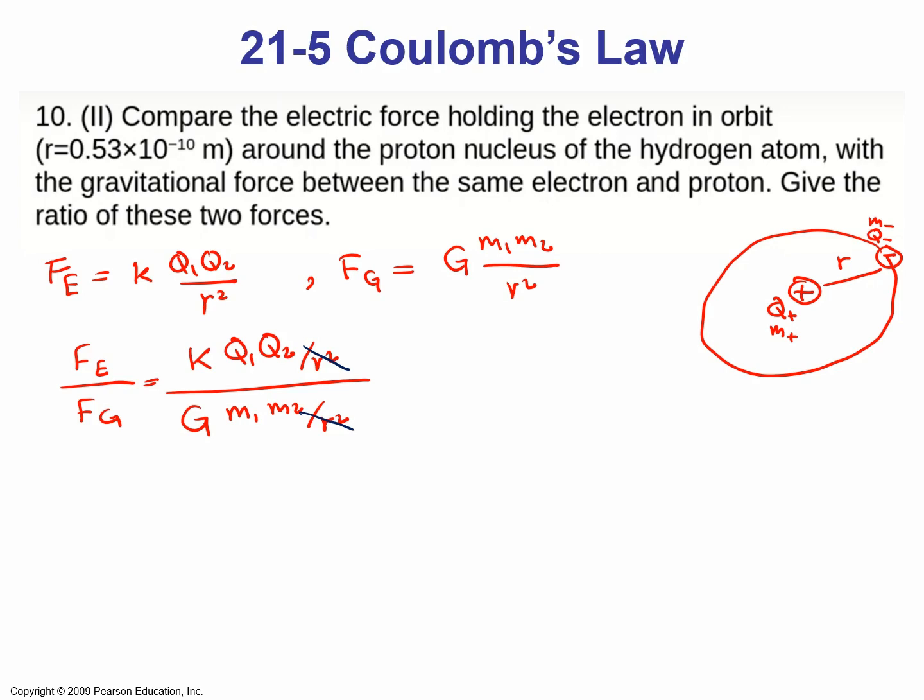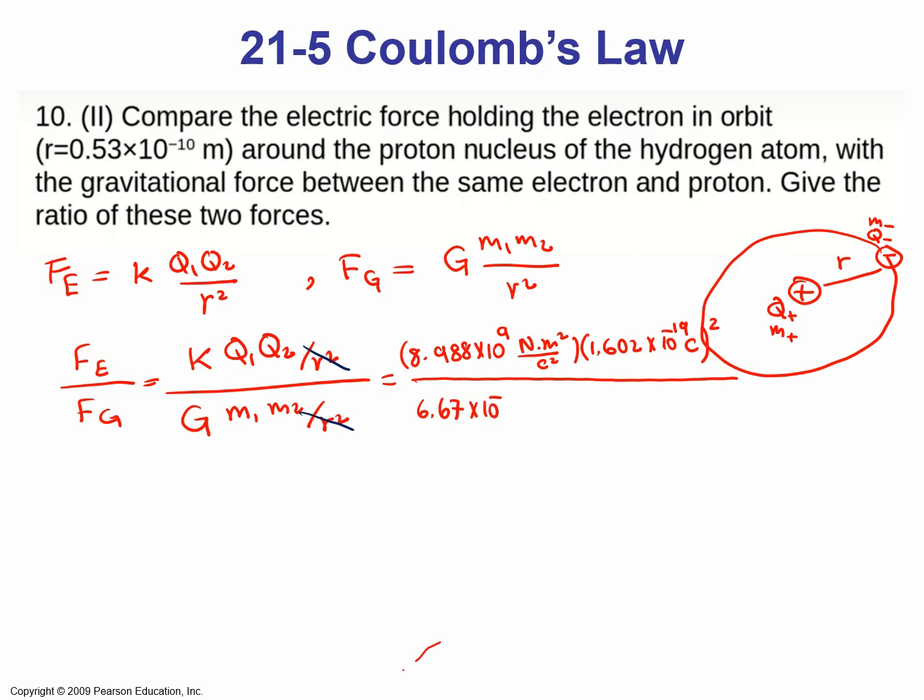In the numerator, K is 8.988 times 10 to the power 9 newton meter squared divided by coulomb squared, times the first charge, 1.602 times 10 to the power minus 19 coulomb, and the second charge is the same but positively charged. So one charge is the charge of an electron, negative, and the other is the charge of a proton, positive, but they have equal magnitudes, so we'll have 1.602 times 10 to the minus 19 coulomb squared.